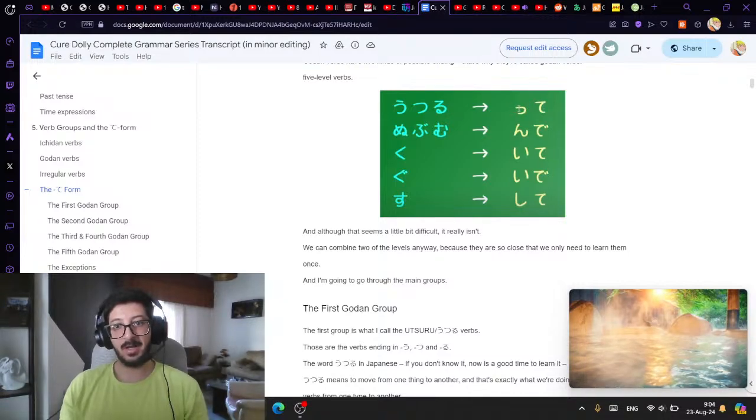That's a small tsu, which prolongs the next character. Te. Nu, bu, mu: take off all of this and nde. Ku, ite. Gu, ide.